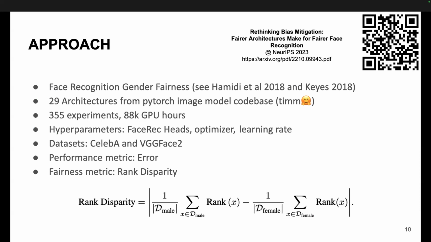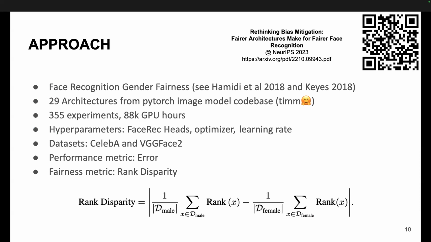So we took 29 different architectures from this code base called TIM, and we ran a bunch of different hyperparameters around the face rec head, which is a very specific face identification and facial recognition thing, but also more general ML things like optimizers and learning rates and whatnot.